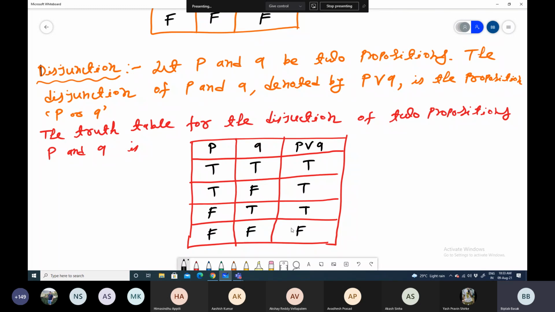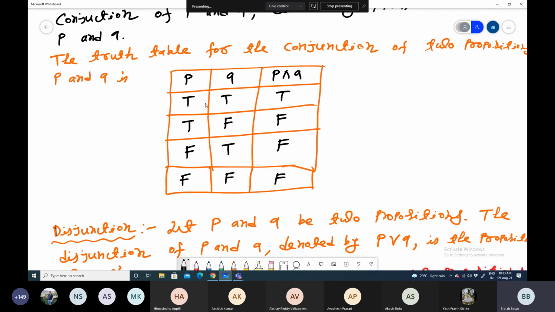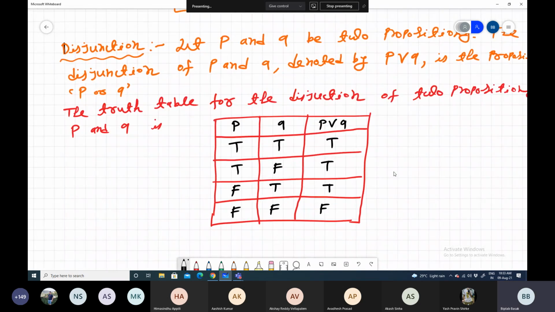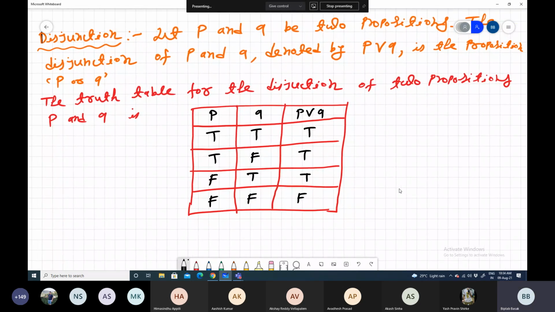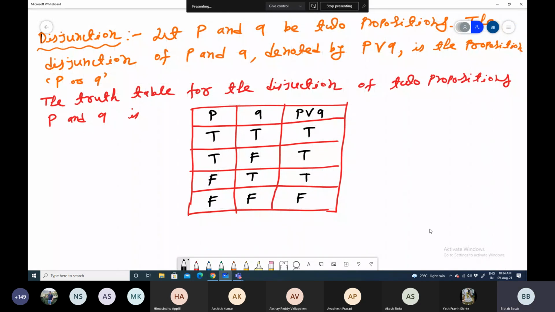So this is just the difference between conjunction and disjunction. Here the conjunction is true if and only if both P and Q are true. And here the disjunction will be false if and only if both are false. Otherwise the value will be true. Okay, so simple one. Now there are some more terms like this.